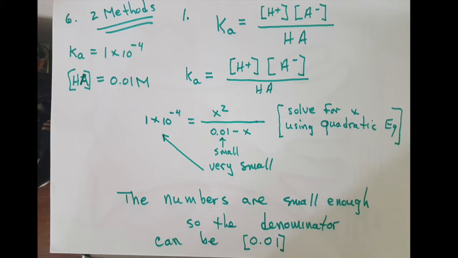Well, how much is going to dissociate? Not much, but some will. And so when you're finished with the equilibrium, you're going to have the HA minus that which dissociated. So that's why you have to put the minus X. The 0.01 is small, and the Ka, 1 times 10 to the negative 4, is also very small. So now we're simply going to plug in, and we're going to solve X using the quadratic equation.